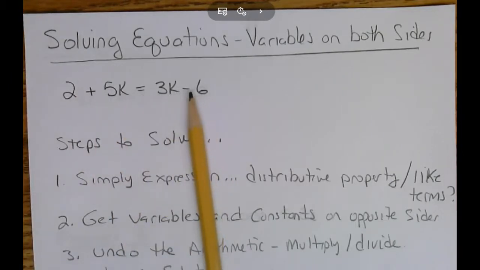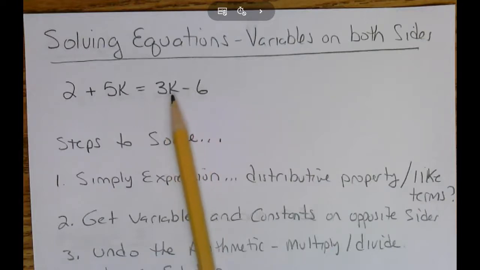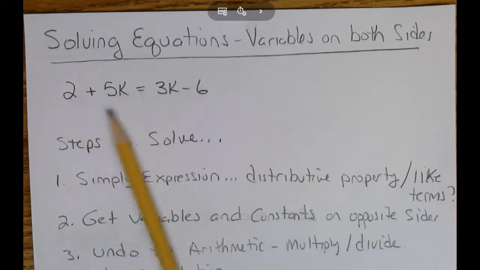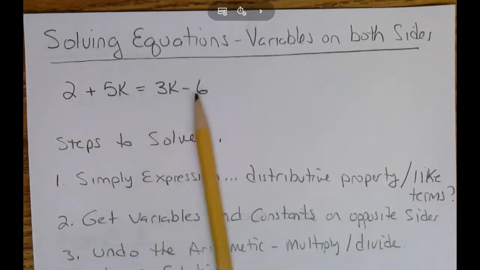So our goal in this lesson today is, how do we get k on one side and solve for k, and how do we get these constants on the other side? These are really just using the properties of equality: the division property, the multiplication property, and the addition and subtraction property. We're just going to review that.